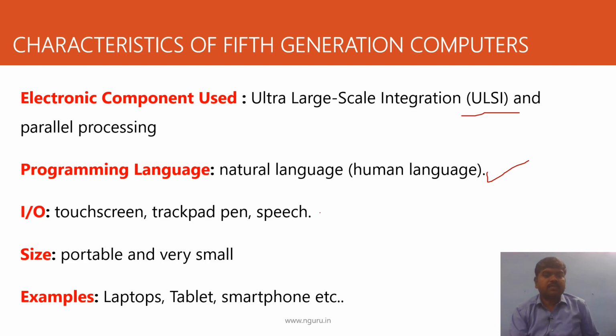We have touch screens, trackpads, speech recognition, all that, used for I/O. Systems are very portable. We could take such a system anywhere. They are very small, for example laptops, tablets, smartphones, all of which we are using these days. These are some of the examples for the fifth generation computer.